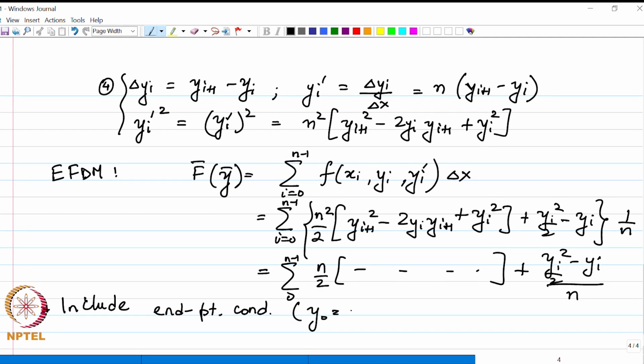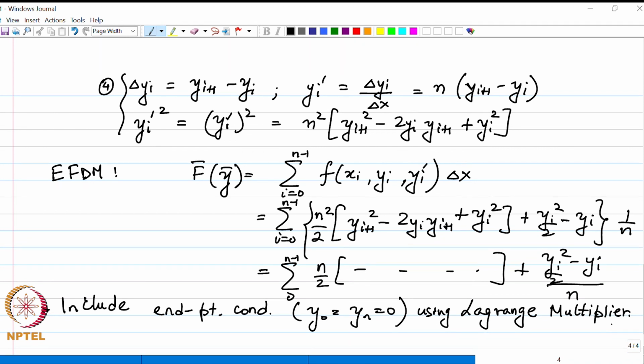The endpoints are y0 and yn, they are already 0, we know that, and we include them as a Lagrange condition. So, we include the endpoint condition using a Lagrange multiplier. Students who have done standard multivariate calculus should be aware of the Lagrange multiplier method. If they are not, we are going to do a very brief revision very soon.